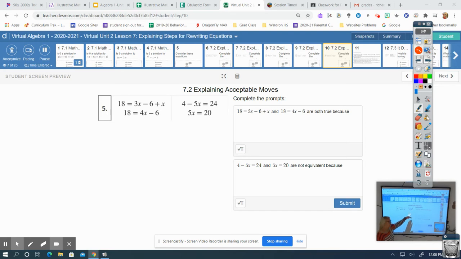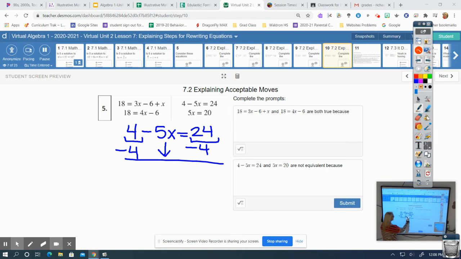For these equations over here, it looks like they did it correctly, almost. They forgot one little thing. So to move this like term, 4 to 24, which is the like term because they're both constant, we would subtract 4 from both sides. So they did that correctly, but what they forgot to do was bring this negative sign.